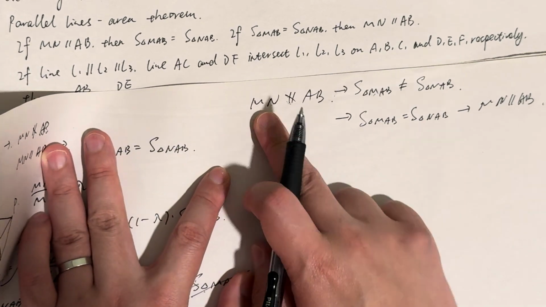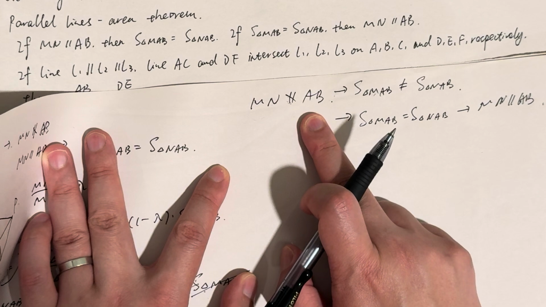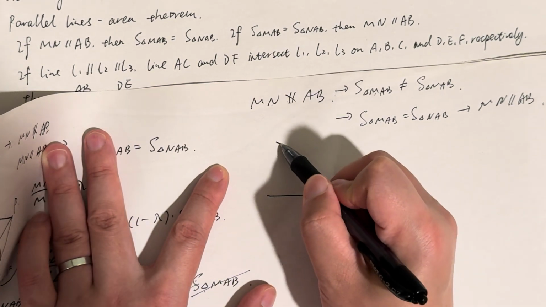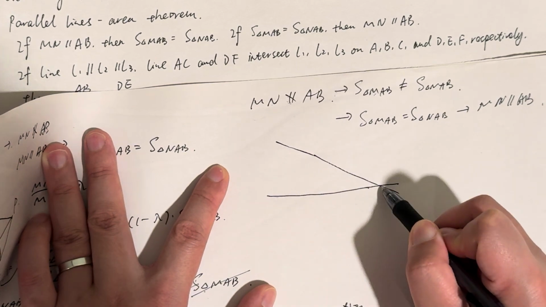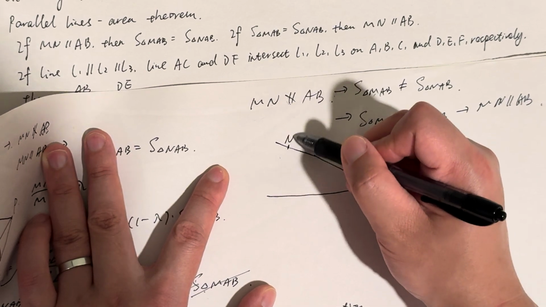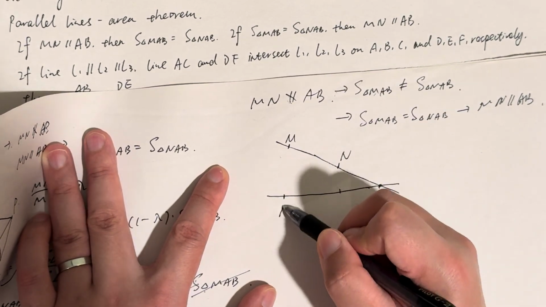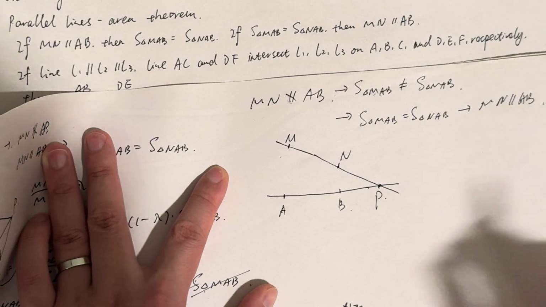So let's see, if MN is not parallel with AB, then we know that MN and AB have an intersection point, right? Let's call this point P here. So we have MN, AB here, right?